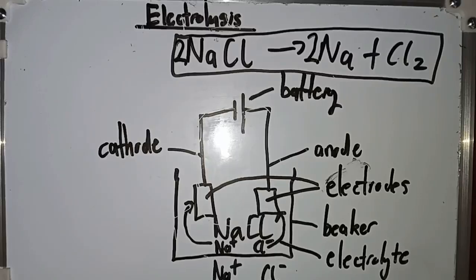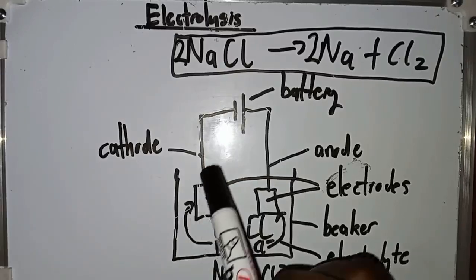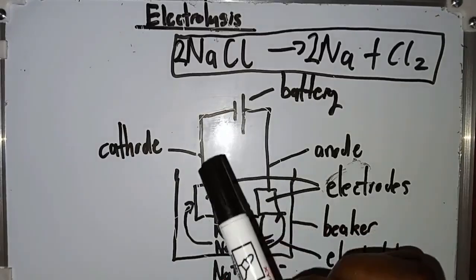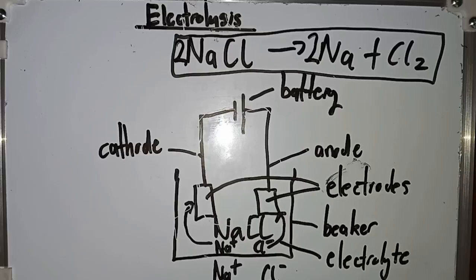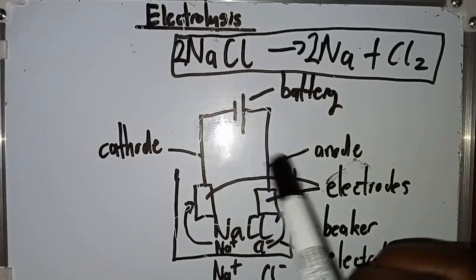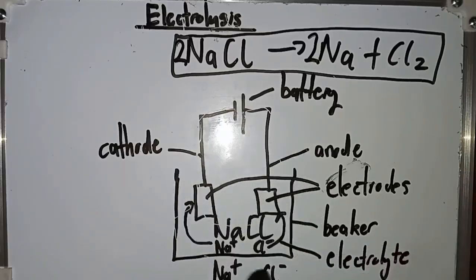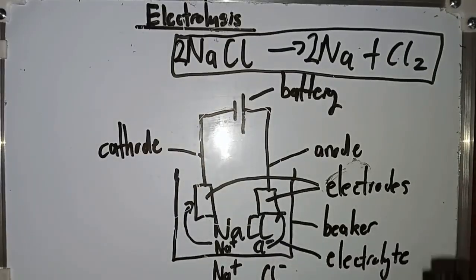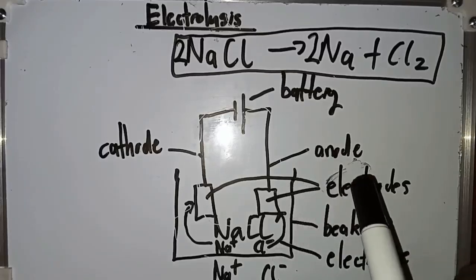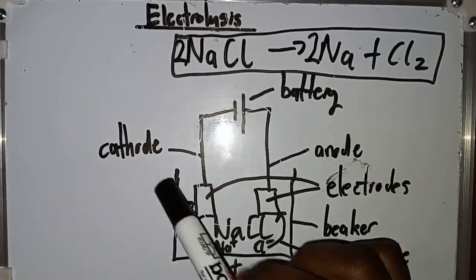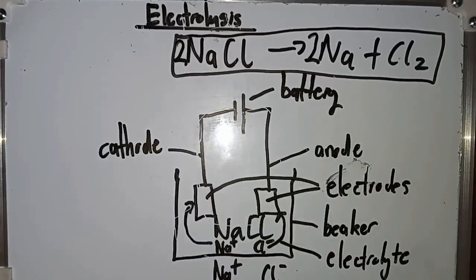So now we are going to deduce the equations that happen at the anode and the cathode. We are going to write the anode equation and the cathode equation during electrolysis.